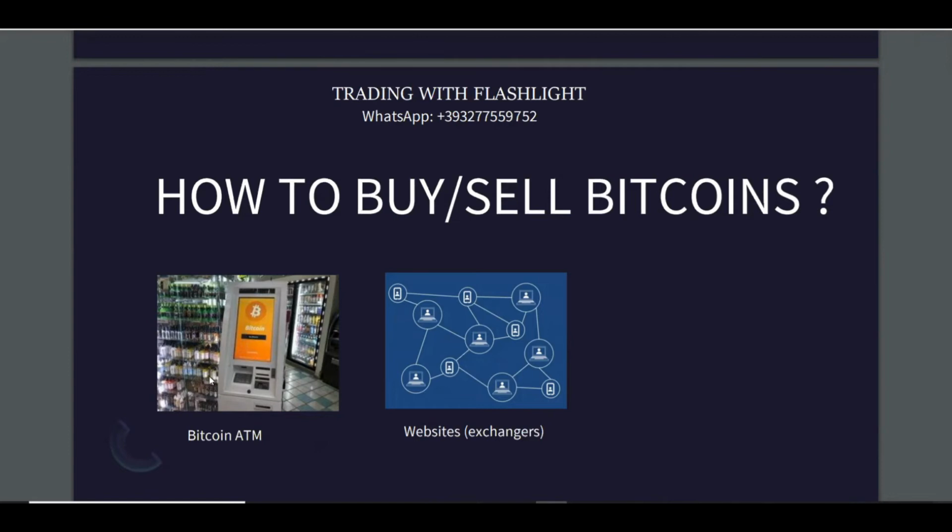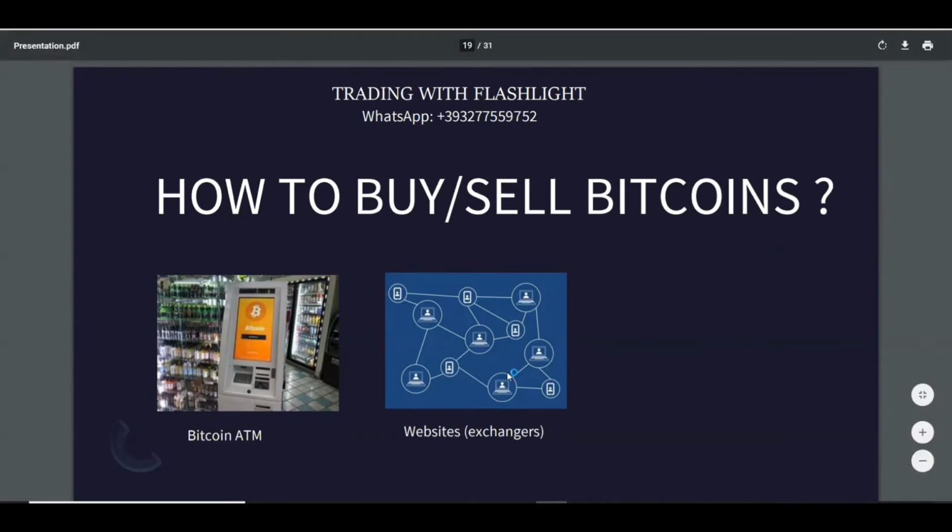Automated for automatic, and teller, it tells you what you are doing. There's a screen, so you just follow the rules and you can buy and sell your Bitcoins. You can deposit and do withdrawals like at a bank. But remember, when you're sending money, it's going to this ATM. It's not going to a bank or someone else. It's going to the person that has this wallet, and that's how it functions.